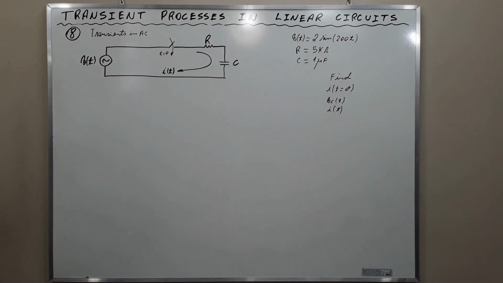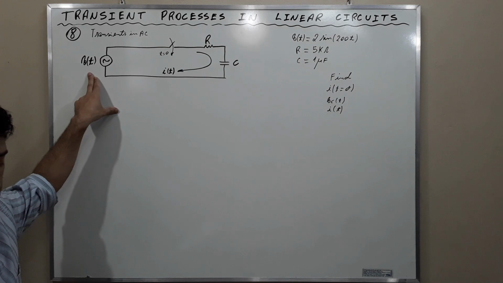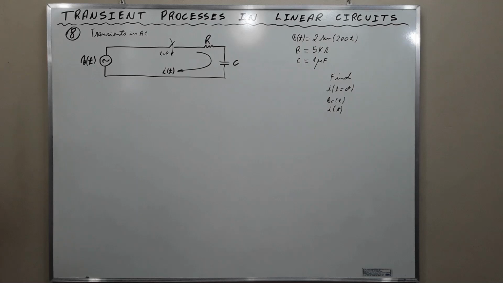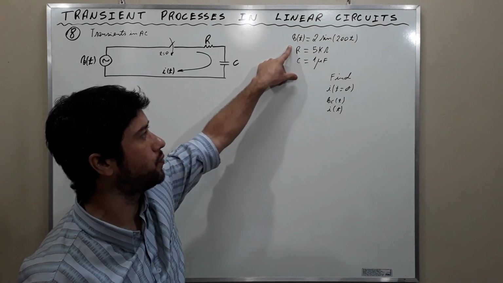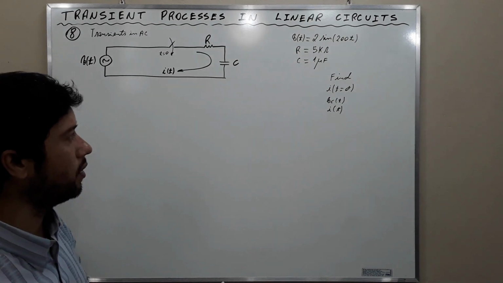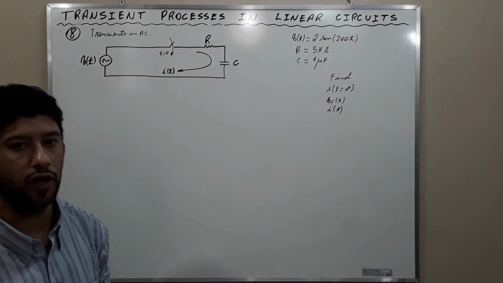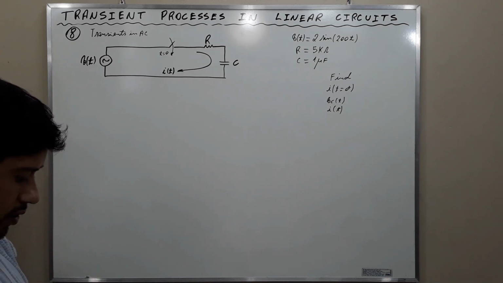Now we are working with an alternating current source, and we want to analyze what happens when the forcing term is alternating and when there is a switch in the circuit. The exercise says that the power supply is 2 sine 200t, the resistance of the resistor is 5 kilo ohms, and the capacitance of the capacitor is 1 microfarad. Alright, this is the exercise.